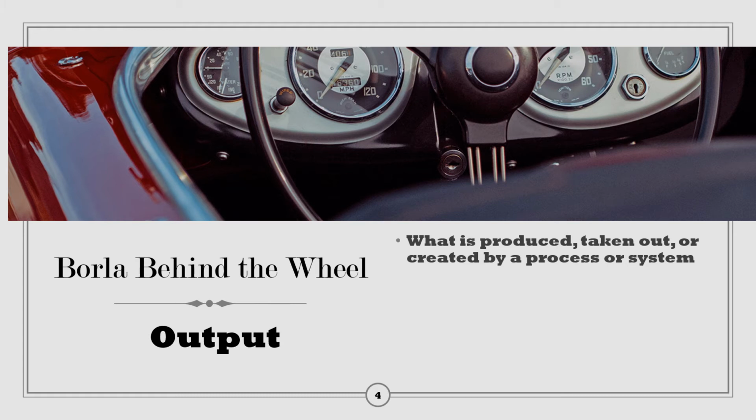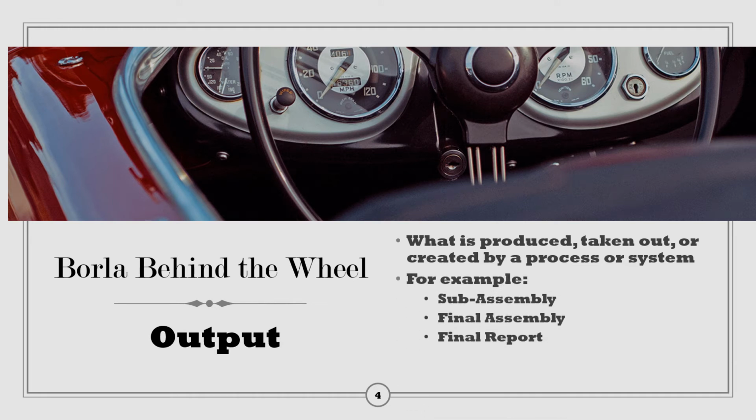So in the same example of the cake, you mix all of the ingredients, the inputs, together, pour it into a pan, put it into the oven, and the heat of the oven, the time that it takes, and the reaction of all of the ingredients together in the process is what actually creates the output of the cake. So for example, we can have sub-assemblies or final assemblies, or even the final report is an output.